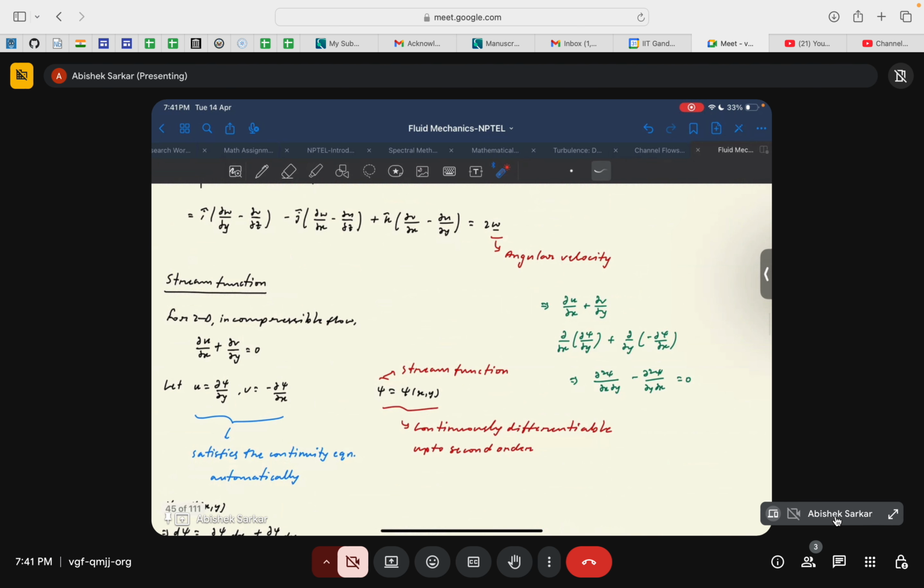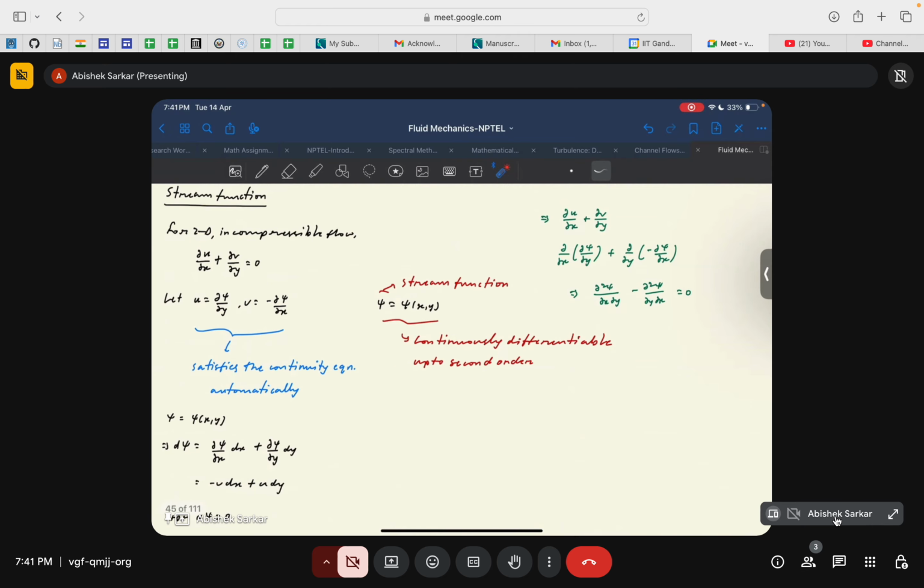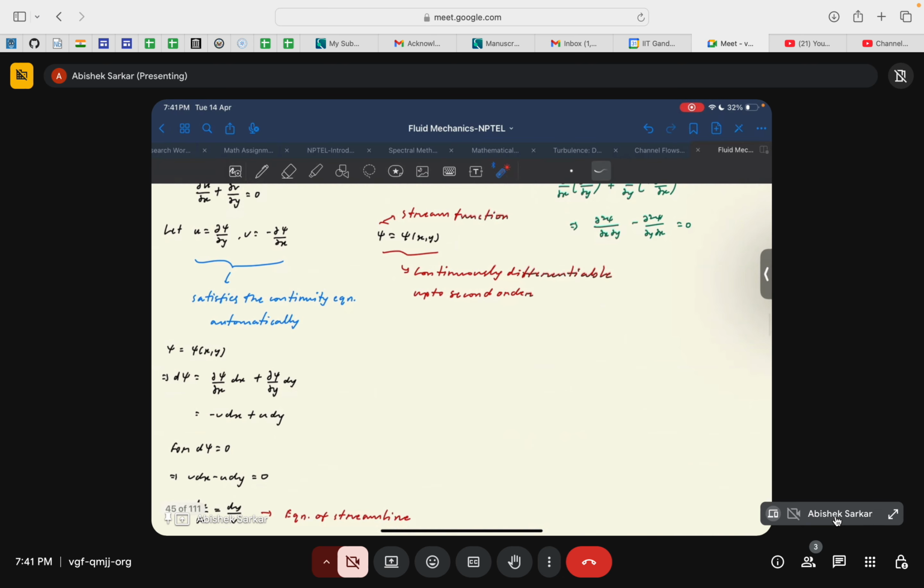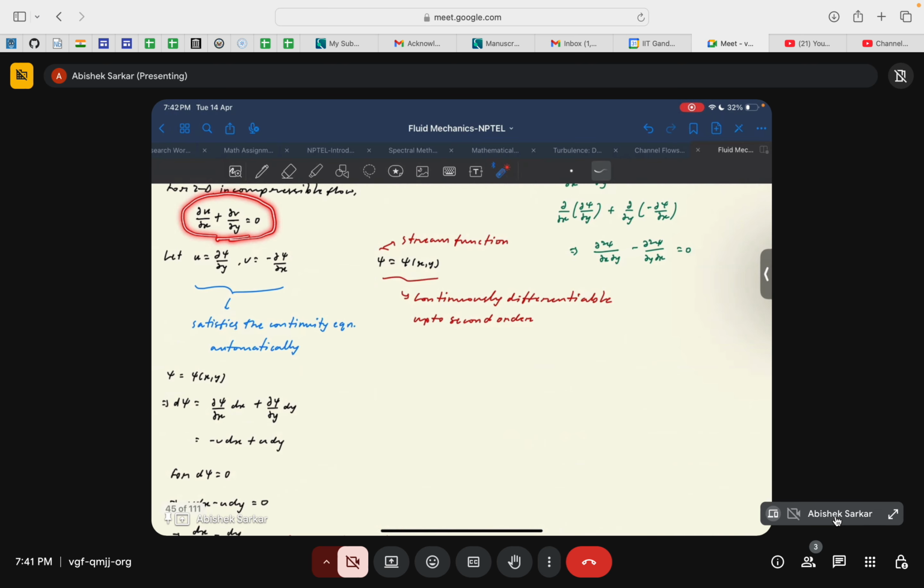The key takeaway from this week was the introduction of stream functions, where the important thing is that the stream functions are only valid for 2D incompressible flows. So that's why we define psi as a function of x and y, and these stream functions essentially converted an equation in terms of u and v to a single function, psi.